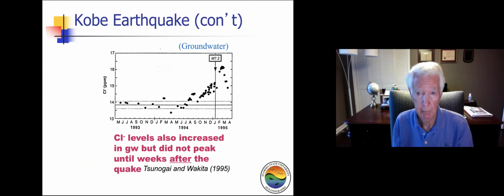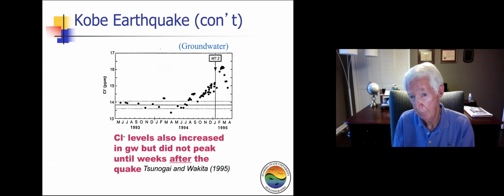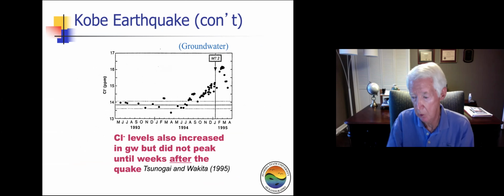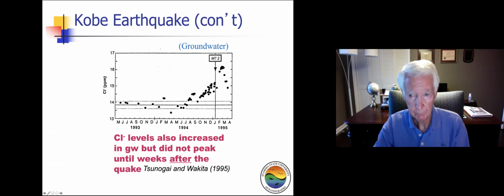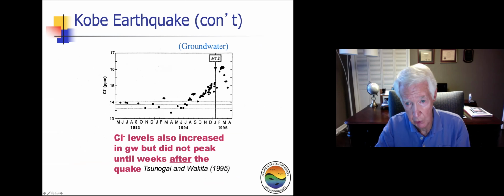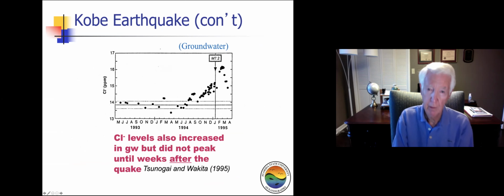Another group of Japanese scientists also retrospectively showed that the water chemistry changed leading up to the earthquake. This is showing chloride concentrations. The peak in the chloride actually occurred a few weeks after the epicenter, but there was a trend going up before.